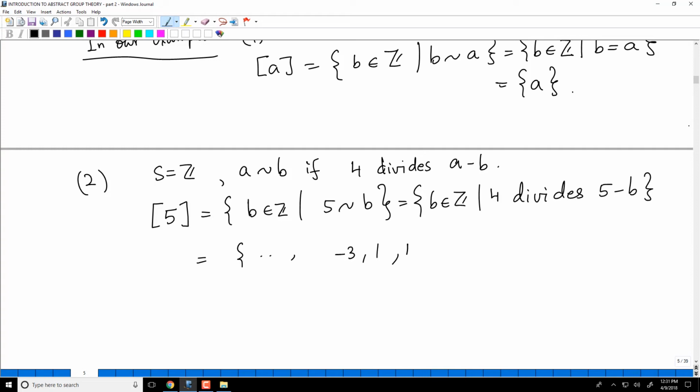Similarly, next will be 5, 9, 13, 17, 21, 25, 29. You see the pattern here. The previous element will be minus 7. They are all integers, starting with 1, you keep increasing by 4 and keep decreasing by 4. We have used the notation 4Z.